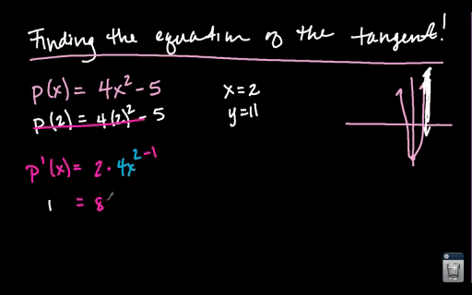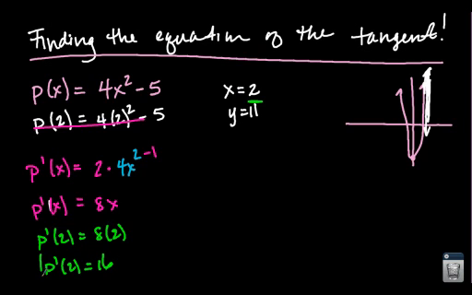So I end up with 8x being the gradient equation, as our book says it. Now I need to find the gradient. The way I find the gradient is I take my x value, and everywhere I see x, I put in 2. So this is going to tell me the gradient when x is 2. As I suspected, this is a pretty steep gradient, 16.